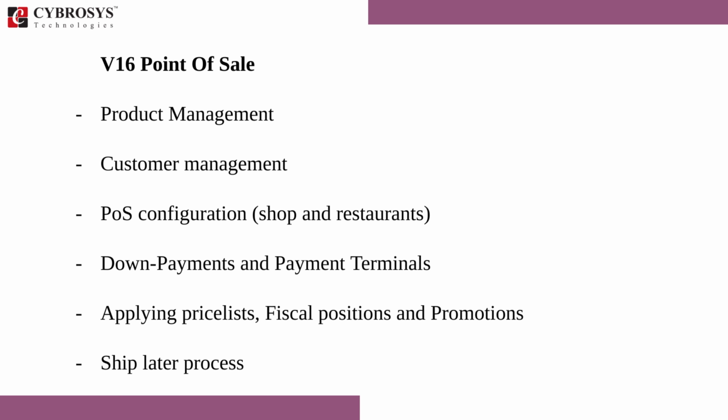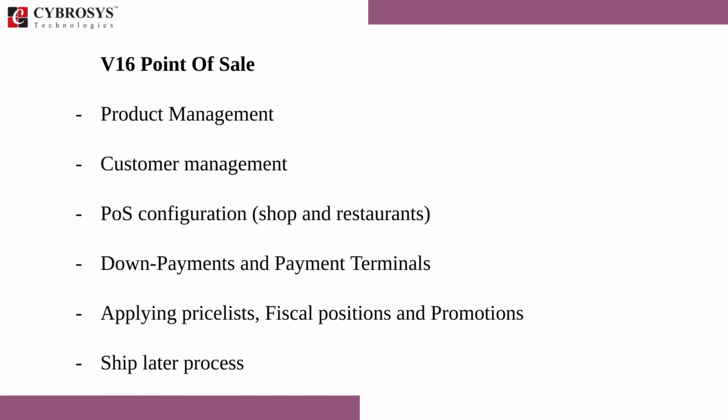So in this webinar, I'll be focusing on the following topics. One is product management, how a product category like point of sale product category and product variants can be managed. Then comes the customer management, and the point of sale configuration, where we'll discuss the functionalities of shop and restaurant configuration, and how down payments can be added through the point of sale terminal, and of course the payment terminal.